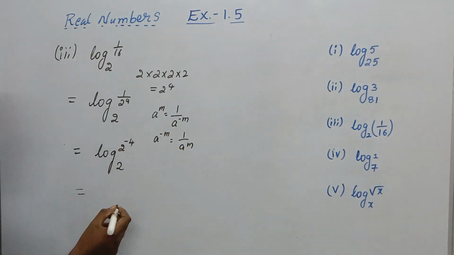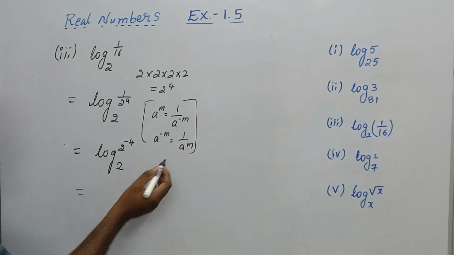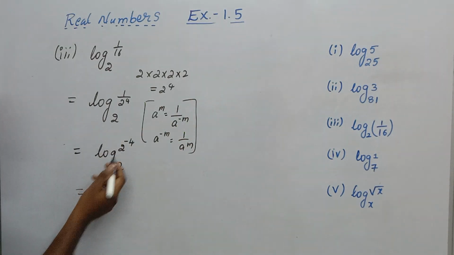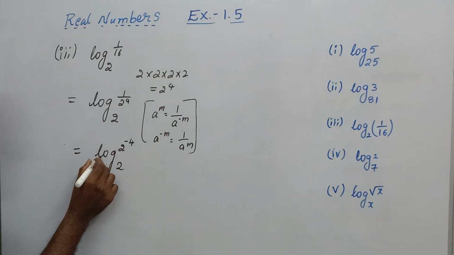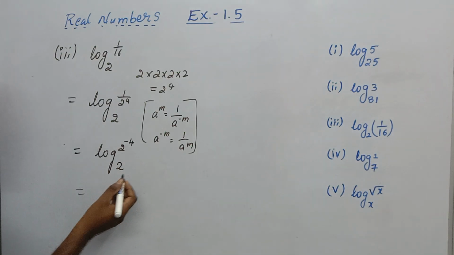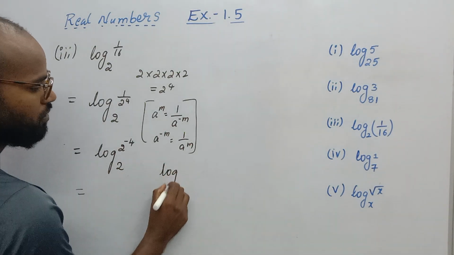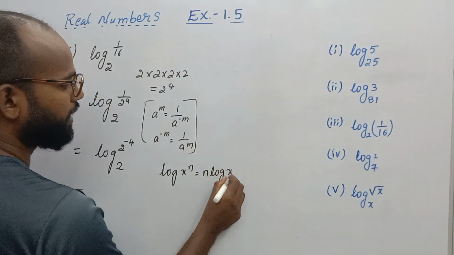Yes or no? Yes. So using this I wrote this. Now see, here it is in the form of log x power n. So log x power n is nothing but n log x.